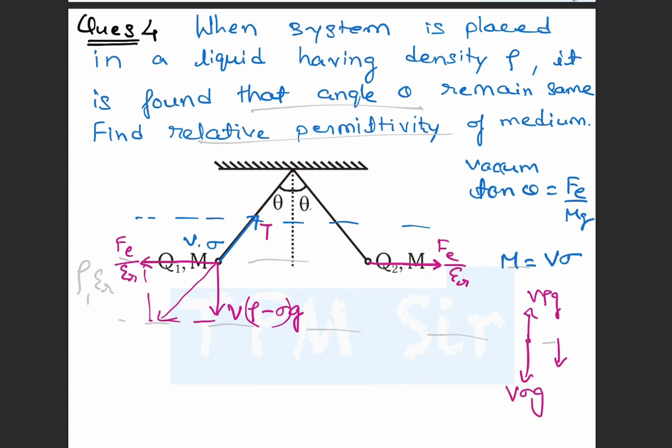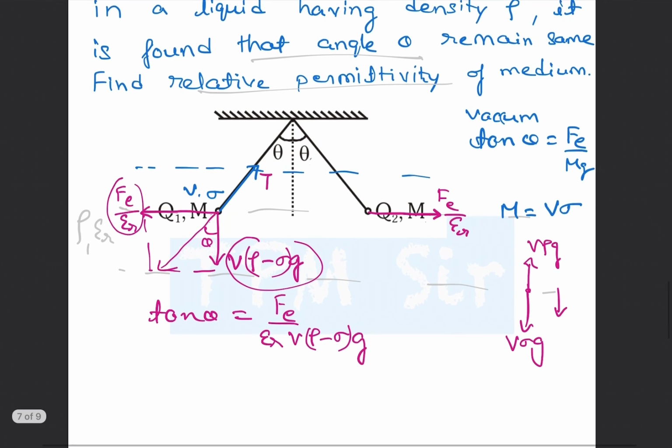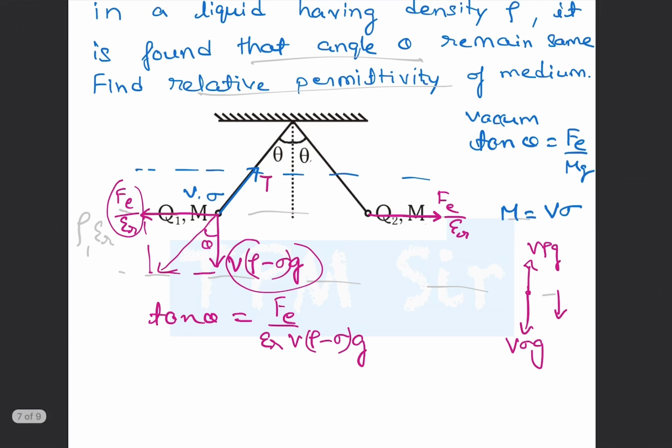Okay, that means the resultant of these two terms is still at an angle theta, and I will write tan theta is equal to Fe by epsilon r upon V into rho minus sigma into G. Now you know that where I wrote mg, let me write V sigma into G. Now, as these angles are the same, just equate them.